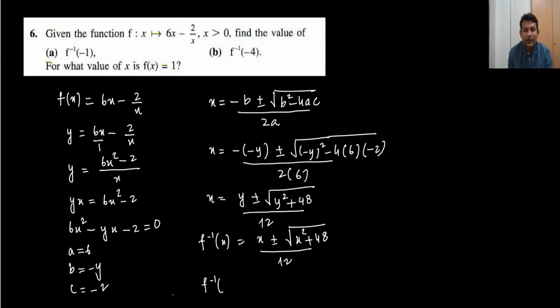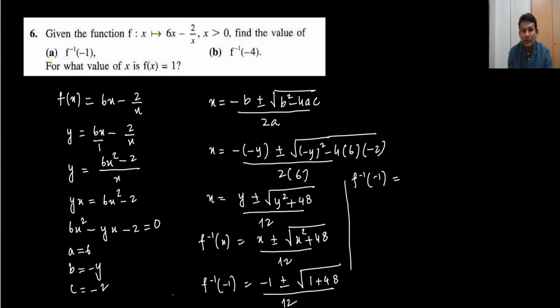When you find f inverse of minus 1, this will become minus 1 plus or minus the square root of minus 1 squared, which is plus 1, and 48 plus 1 is 49. So f inverse of minus 1 is equal to minus 1 plus or minus 7 divided by 12.